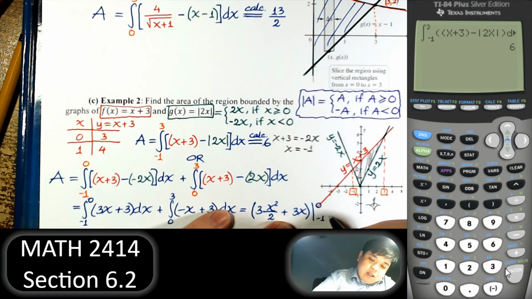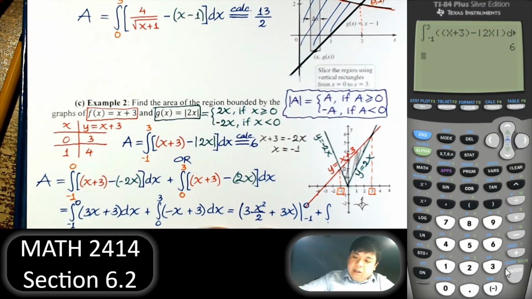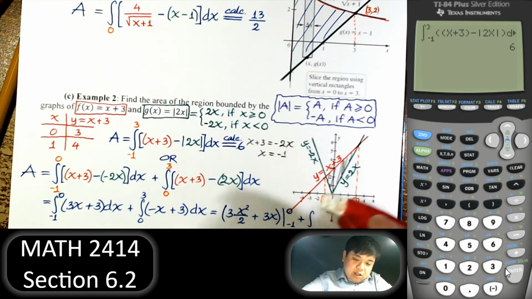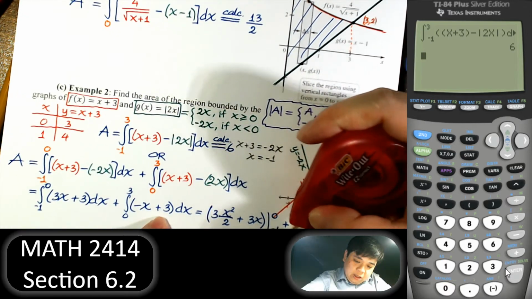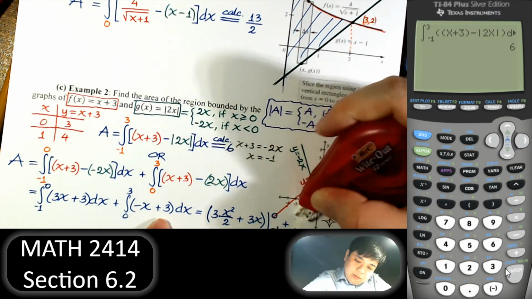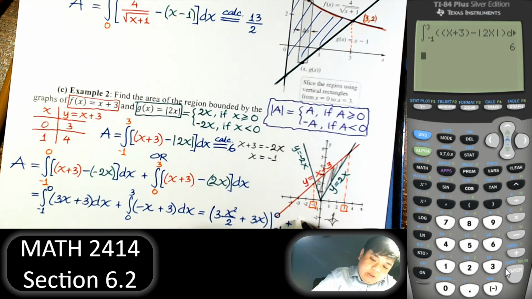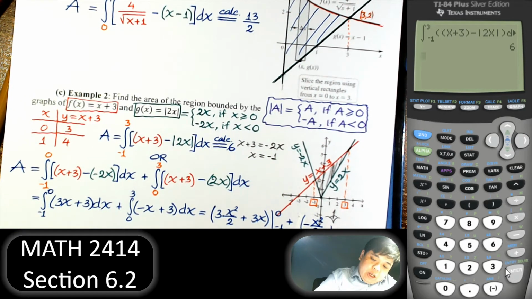So that's the first part. The second part is the integral of that, which is negative x squared over 2, plus 3x.